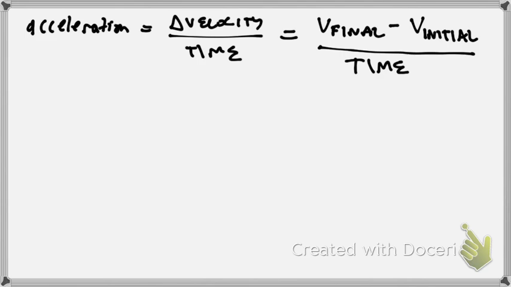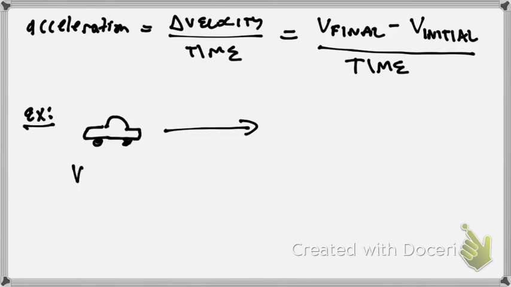So in order for you guys to understand the point that I'm going to make, I'm going to give an example. All right, this example is going to look like this. So we have two cars, or we have one car, and his initial velocity, v initial, is going to be 75 miles per hour.